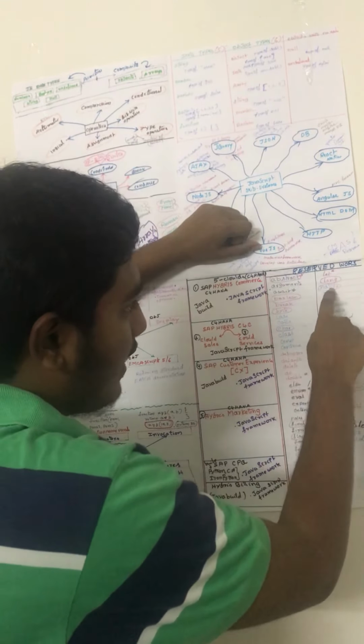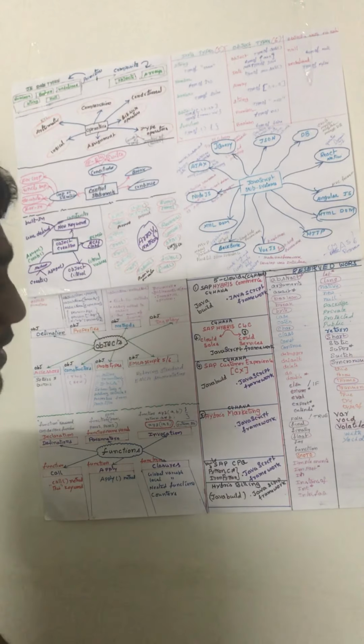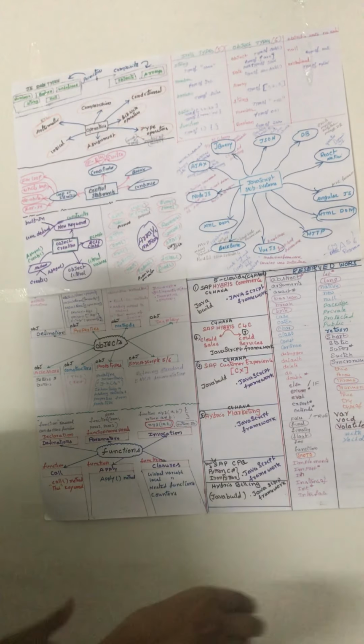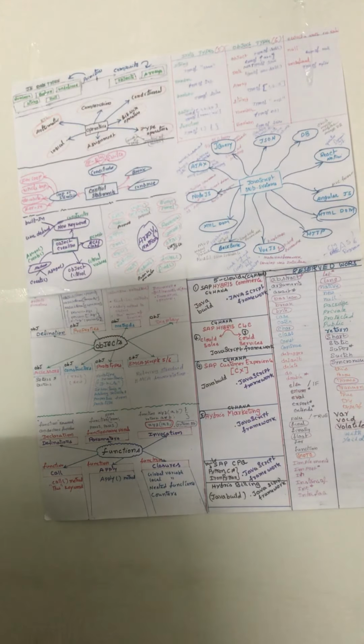Actually, JavaScript after developing was sent to ECMA, European Computer Manufacturers Association. They keep some standard rules and guidelines for JavaScript. So as per their latest version, they removed these words: abstract, boolean, byte, char, final, float, goto, long, native, short, synchronized, throws, transient and volatile.